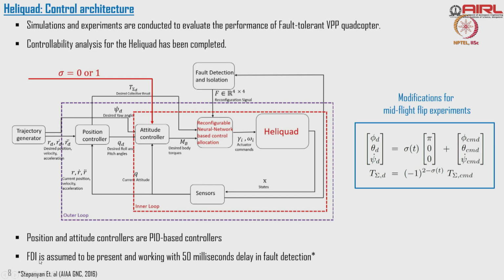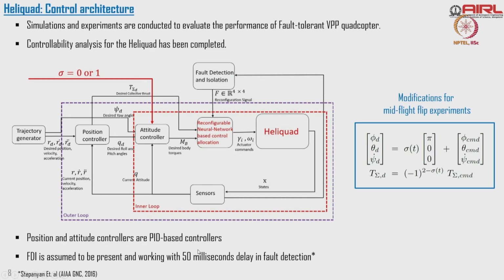There is a fault detection and isolation, but we have not really implemented it. Instead, what we did: there is a time it will take to identify the fault and isolate that particular motor, and to get that information it will take approximately 50 milliseconds.